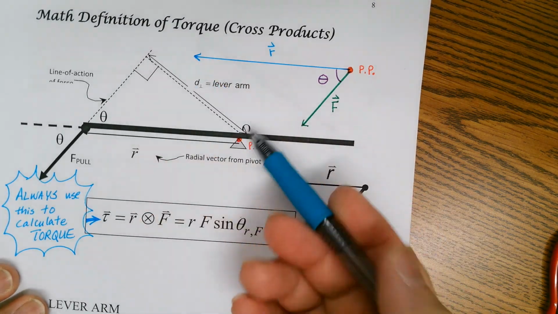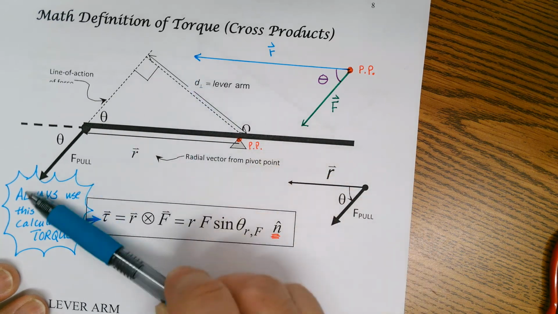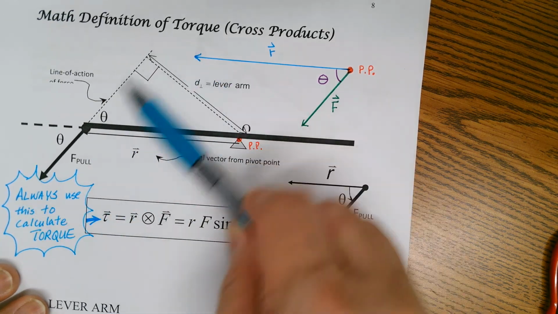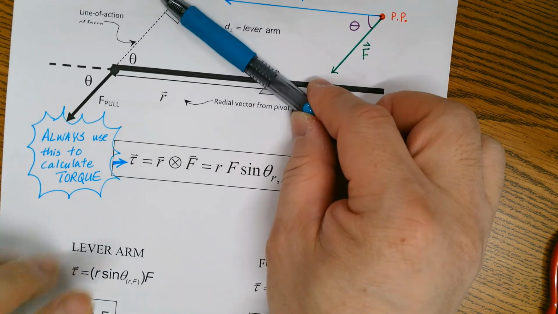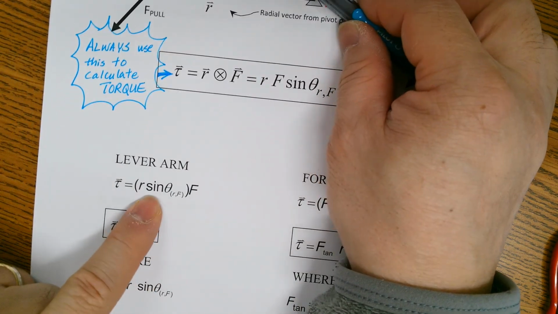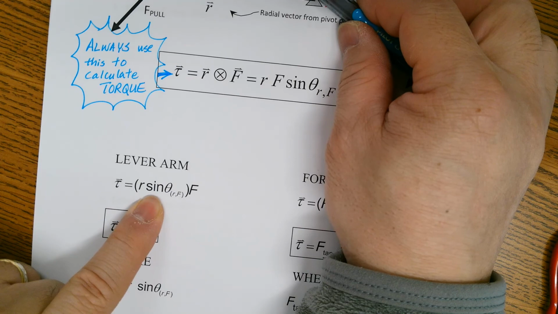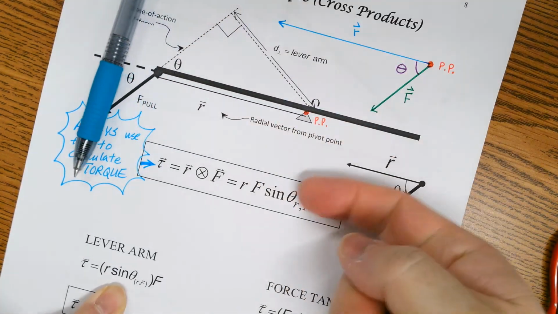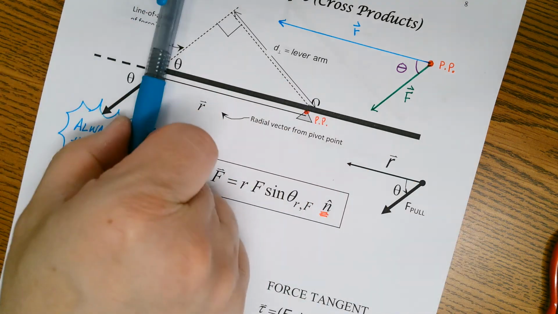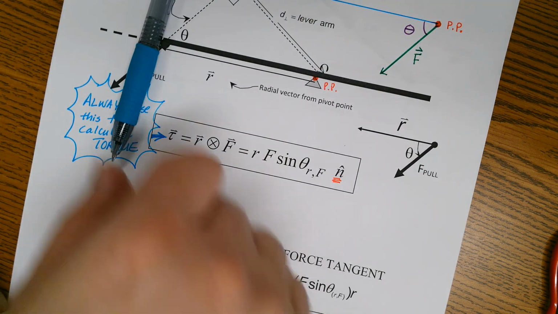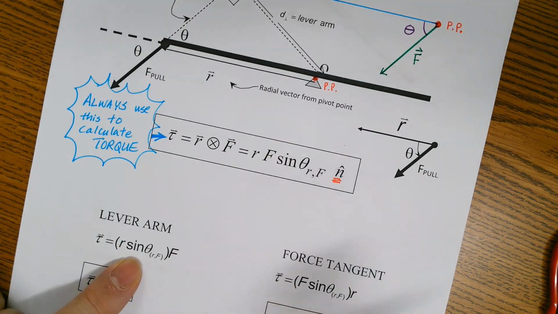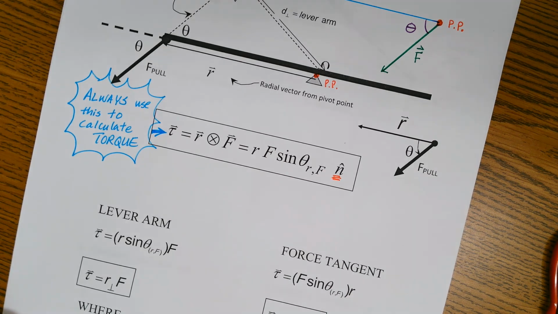Because just like finding the line of action and the perpendicular radial distance, which is that. This is r perpendicular, basically. Or just find the perpendicular force that's perpendicular to my r, which is that. So you could do it either way, and then you'd multiply by r.